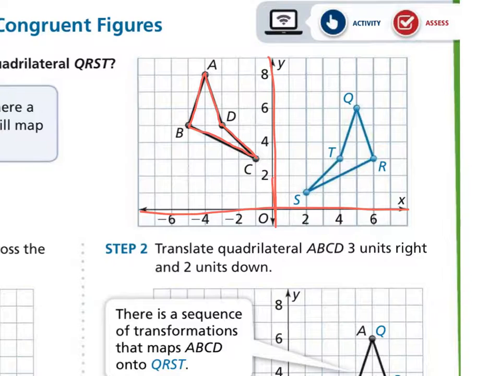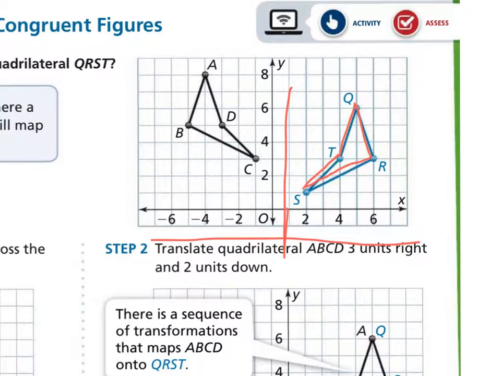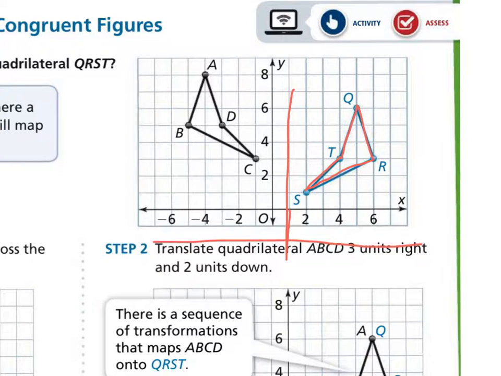You could flip over your tracing paper and then move it and see if it matches exactly with that other quadrilateral. So after we reflect, that's what it looks like, and then we can move it down and see that it does look the same as the other one, so they would be congruent.